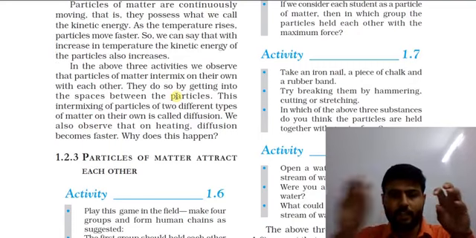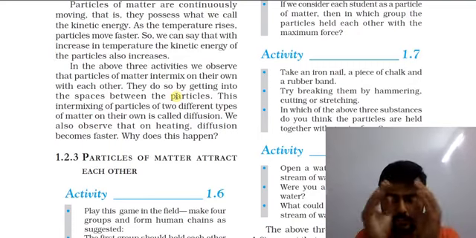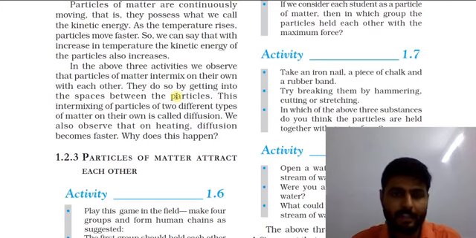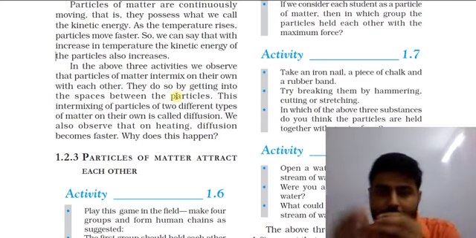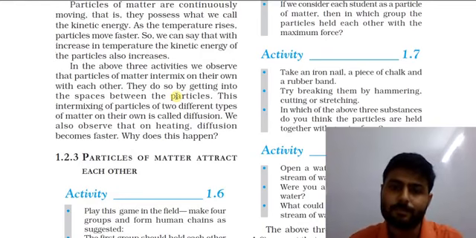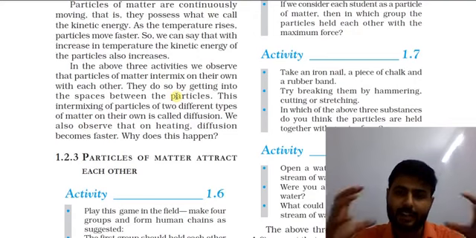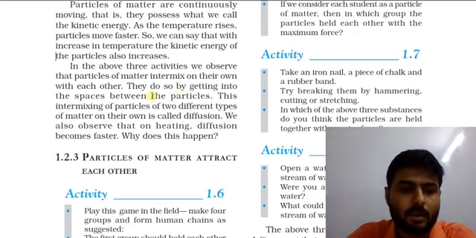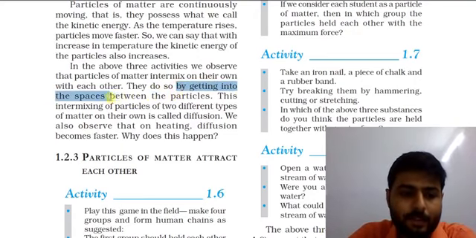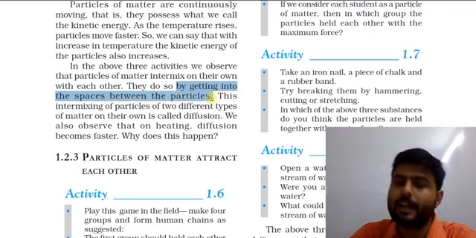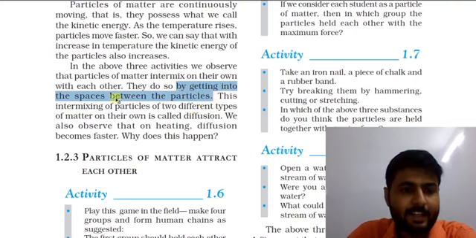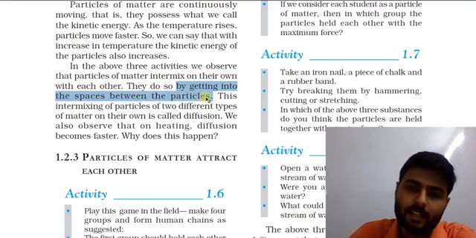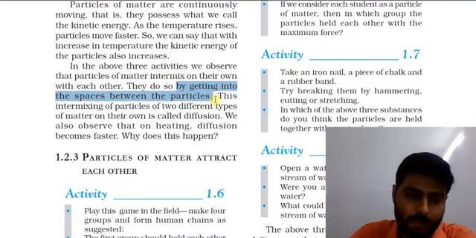If there are particles of one matter, there is a space between them, and the particles of other matter will get in between these particles of the first matter. So we can say that they are intermixing by getting into the space between the particles.